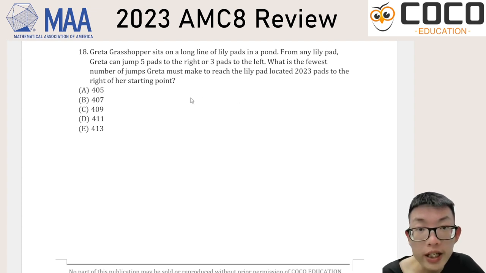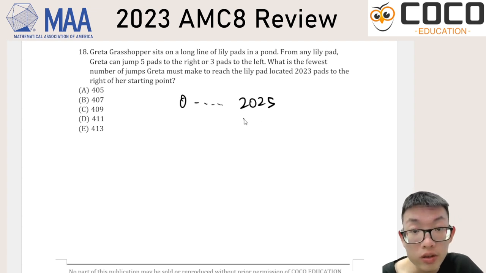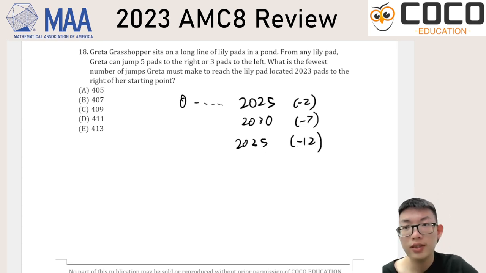Okay, so if I start from 0 and I want to go to the next multiple of 5 after this, that would be 25, but I cannot go back by exactly 2 steps. So -2 wouldn't work. -7 also would not work if I stop at 2030, but at 2035 it would work. So I can't do any better than this.